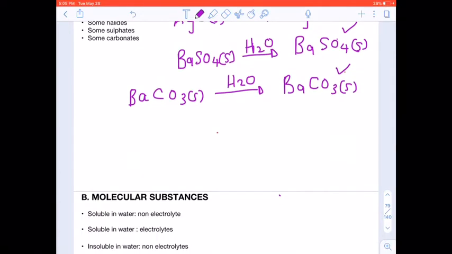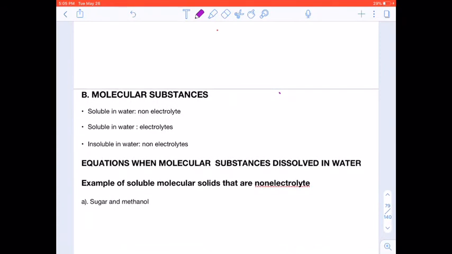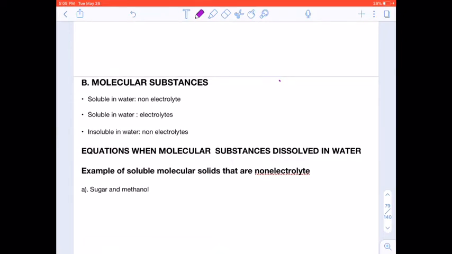Now let's look at some molecular substances. We're dealing with ionic substances, but we need to look at some molecular substances basically because some of them are electrolytes. So if we look at soluble in water, but it's a non-electrolyte. It doesn't mean if something is soluble in water it's an electrolyte. It's only an electrolyte if it has ions in solution.